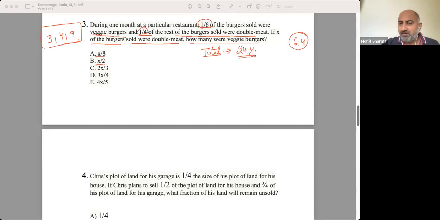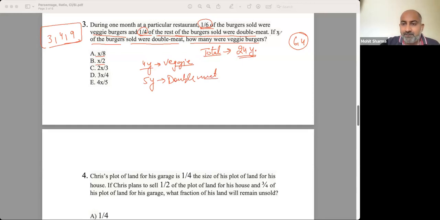Let's say the total number of burgers is 24y. Now 1/6 are veggie, so 4y are veggie. And 1/4 of the rest. So the rest would be 20y. So 1/4 of that means 5y would be double meat.